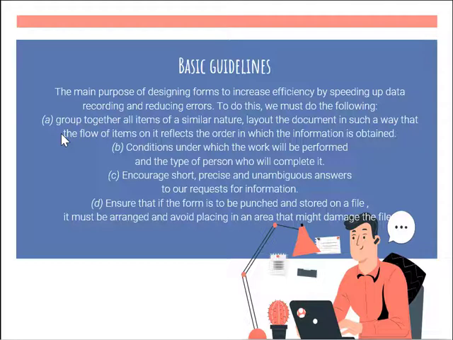For example, what is suitable for completion by a skilled clerical worker in a warm office may be totally unsuitable for use by a mechanic finishing a repair in the firm's workshop. Next, encourage short, precise, and unambiguous answers to requests for information. And lastly, ensure that if the form is to be punched and stored on a file, it must be arranged to avoid placing information in an area that might damage the file.